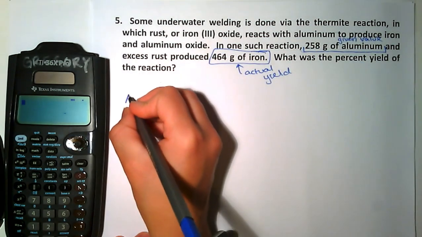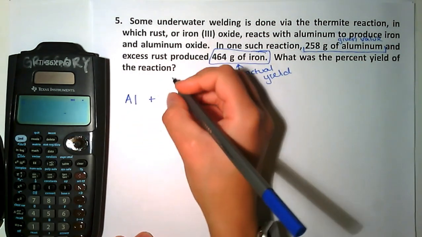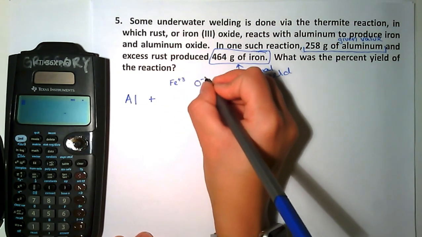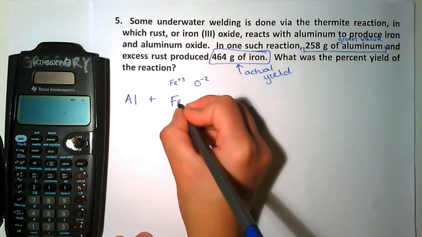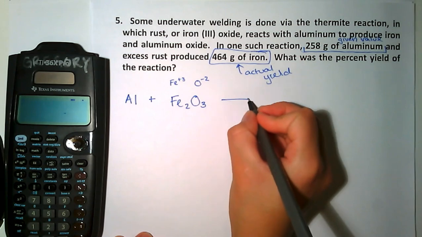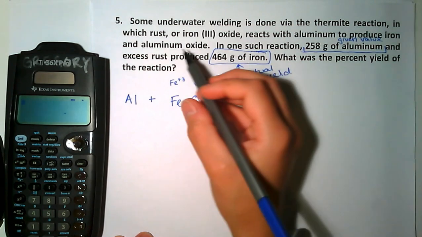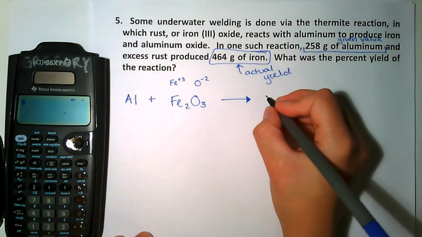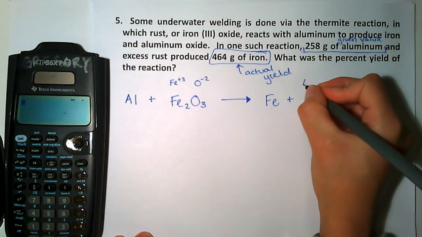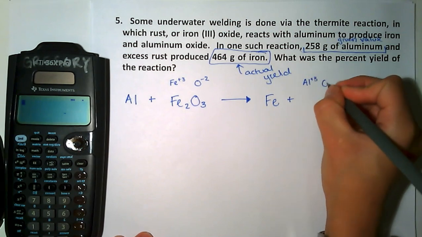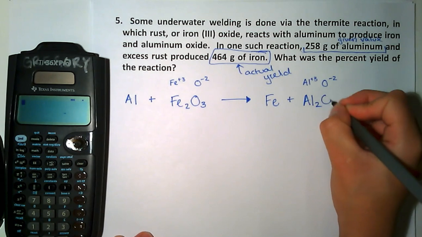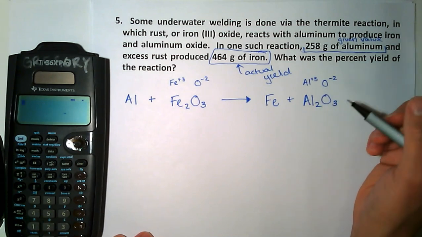So we have aluminum reacting with iron 3 oxide, so that's Fe with the +3 charge, and oxygen -2, so that gives us Fe2O3. So those two things react together to produce iron, so Fe, and aluminum oxide. Al with the +3 charge, oxygen with the -2 charge gives us Al2O3.